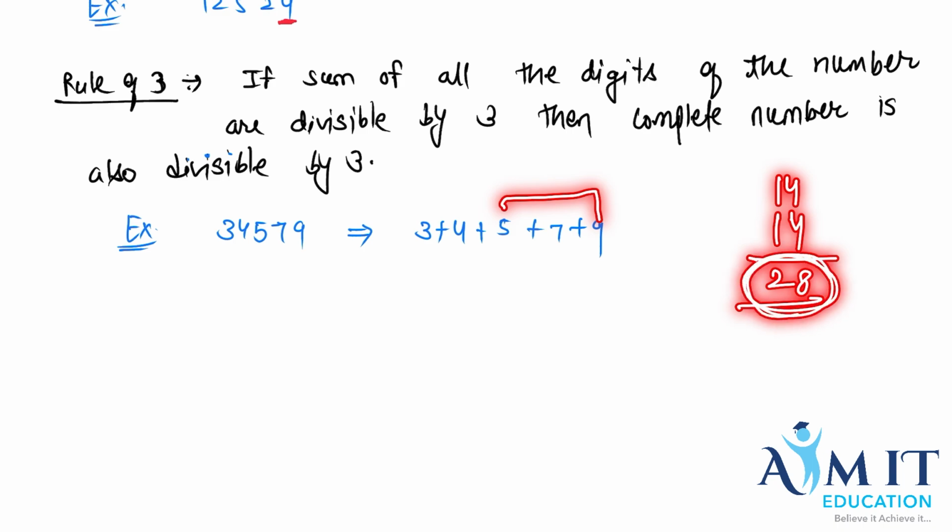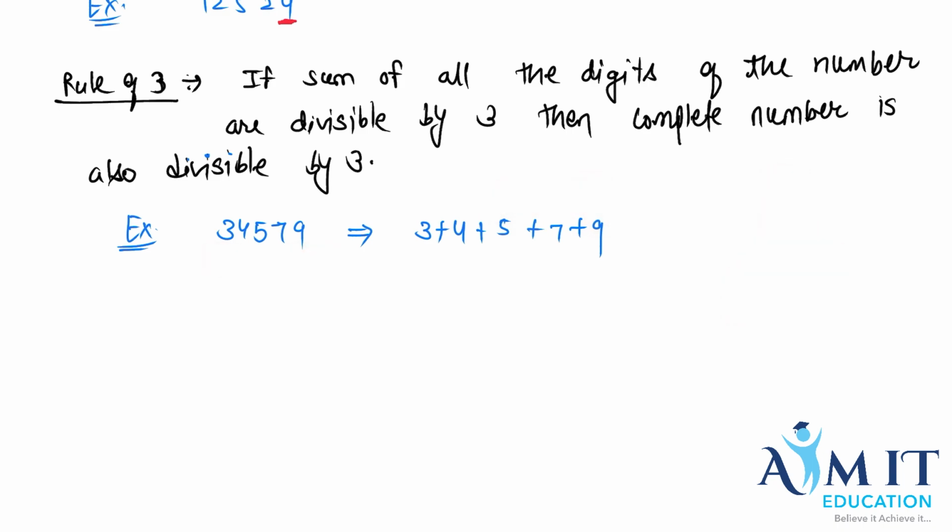So if 28 is divisible by 3, then the complete number is also divisible by 3. You can check, 28 is not coming in the table of 3. So that means this number is not divisible by 3. अगर ये divisible नहीं है, that means this number is not divisible by 3. Okay, so this is the rule for 3.